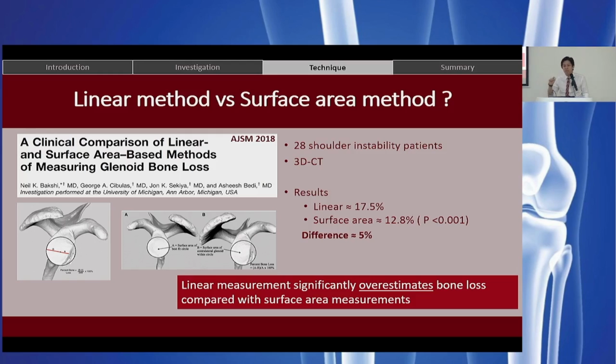So this is quite a big gap. If the patient is around the threshold, it will affect the treatment decision making. Like if this patient is around 20, if you use the linear method, it's 25. If you use the surface area, it's 20. So the treatment decision is also different.